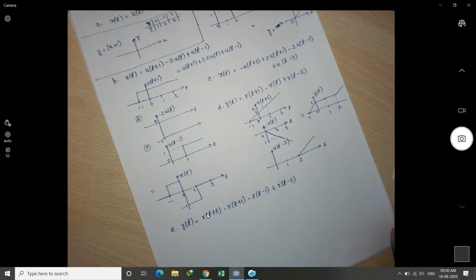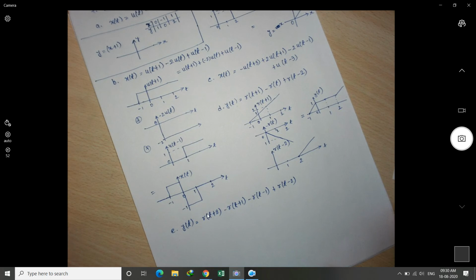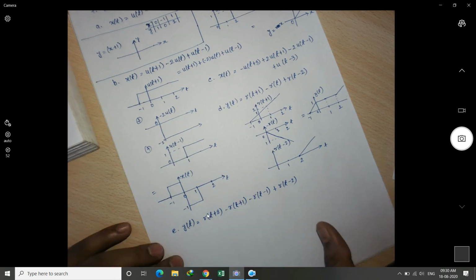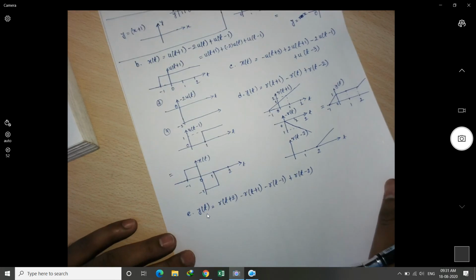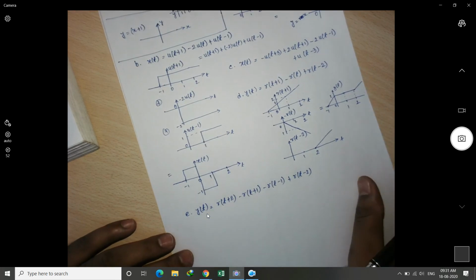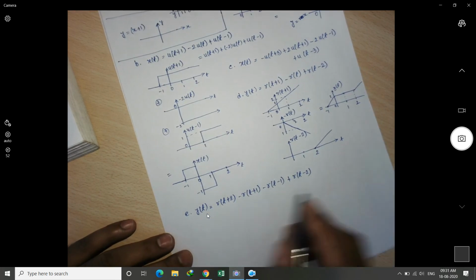Now you can do this E part. Let us take some signals with respect to discrete time signals. Till now we have been dealing with all continuous time signals. Let us deal with a discrete time signal. So some x[n] has been given.